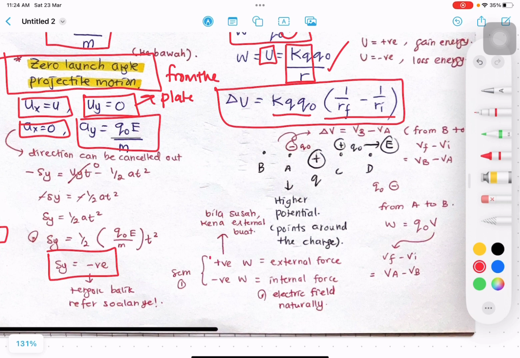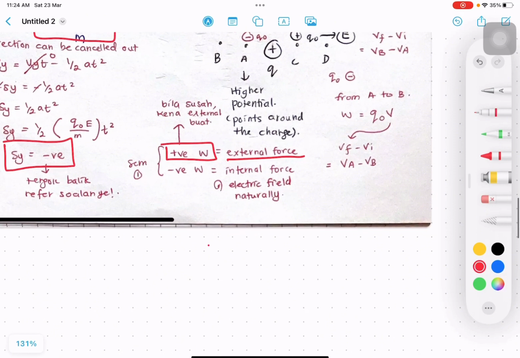When it is positive, it is from external force. Kenapa kena positif? Work done ni maksudnya bila kita nak gerakkan dia, bila dia susah untuk gerakkan. Contoh kita ada 2 point, dia ada positif dengan negatif. So the force between these is, positive will be to the right and negative will be to the left. Bila dia saling menarik, tiba-tiba kita nak pisahkan dia semakin jauh, mestilah susah untuk kita buat kerja.